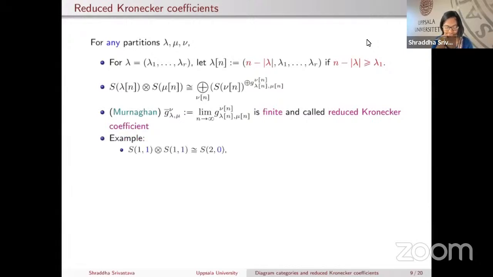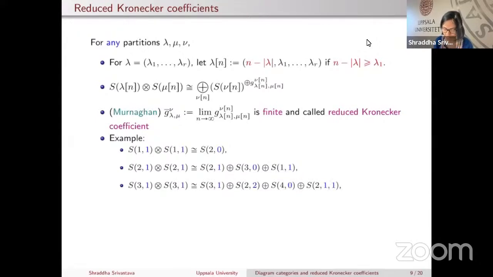Let's do an example. If we take the tensor product of these two Specht modules, it's easy: sign with sign gives the trivial representation. Now if we increase the first part of the partition and take the tensor product again, we see more components appearing.